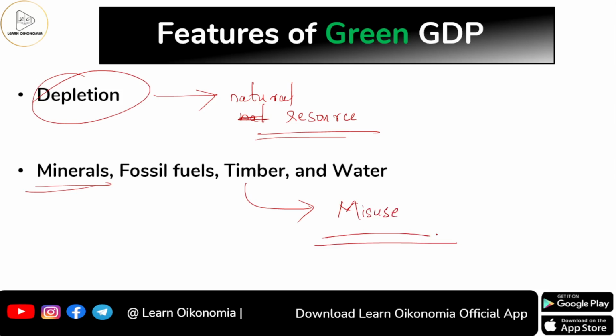So after taking timber from the available area, what will happen if you go to the forest and cut the wood? Forest is something that is meant for animals, plants, birds and other species, isn't it? But humans are now going to the forest, and we are also trying to deplete the resources in the forest area.